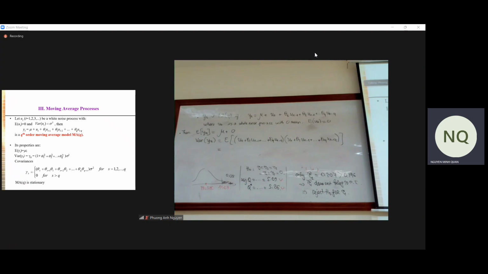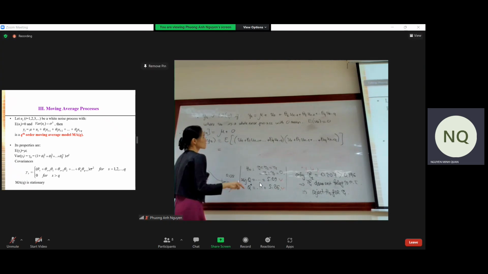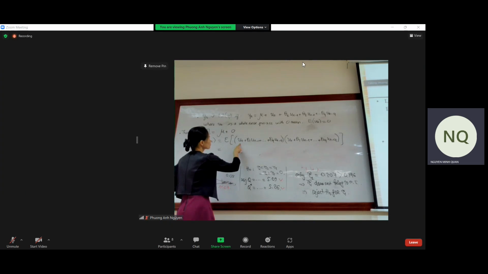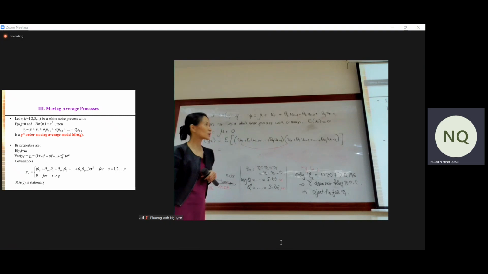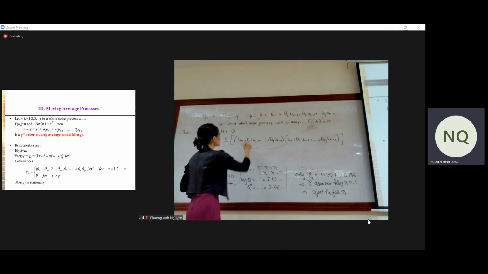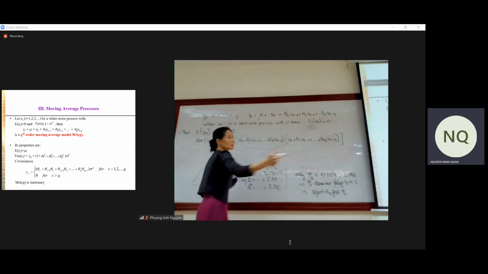Don't forget that u_t is the white noise process. So whenever you multiply and get u_t with u_t, you get the variance sigma squared. And how about u_t and u_{t-1}?